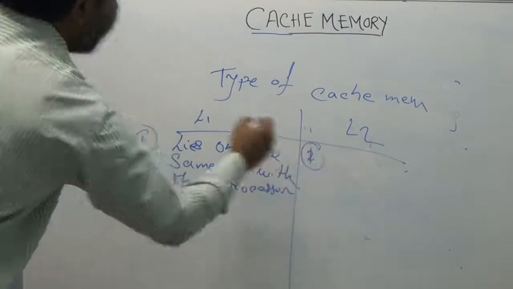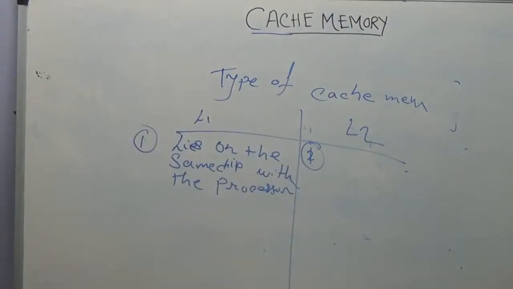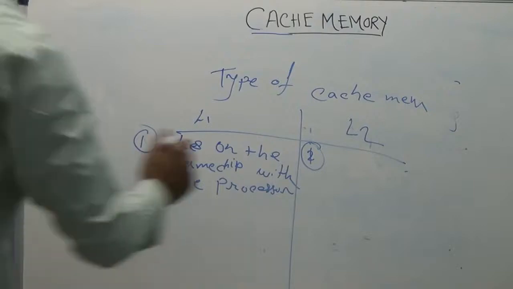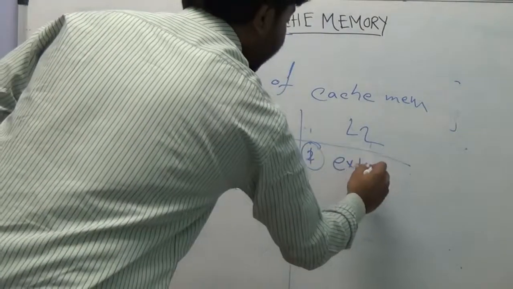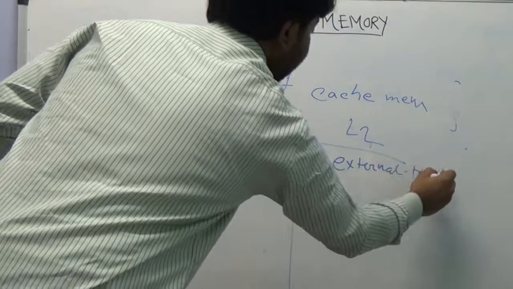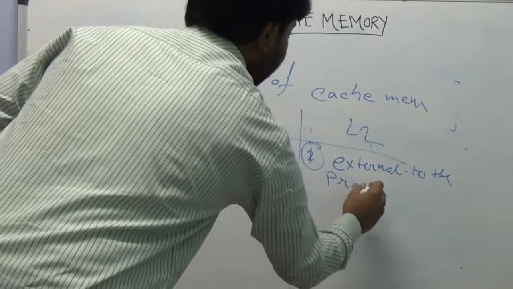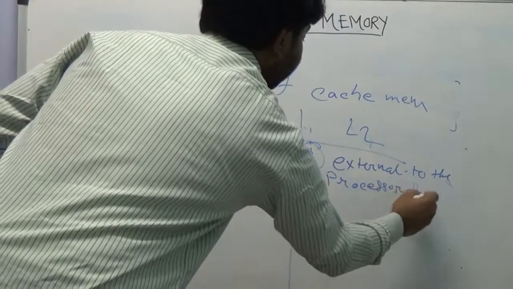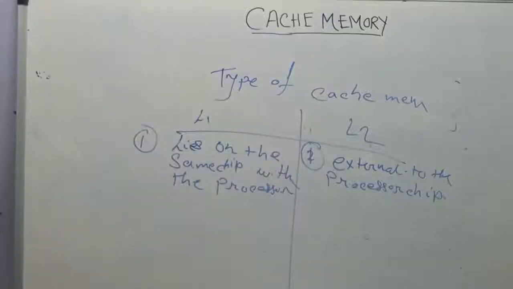But in contrast, L2 lies external to the processor chip. So L1 lies on the same chip with the processor. L2 lies external to the processor chip.